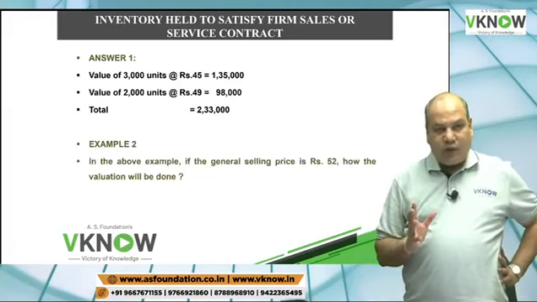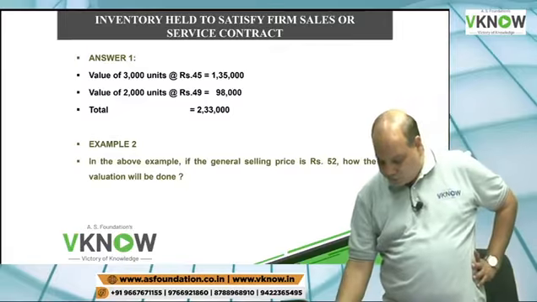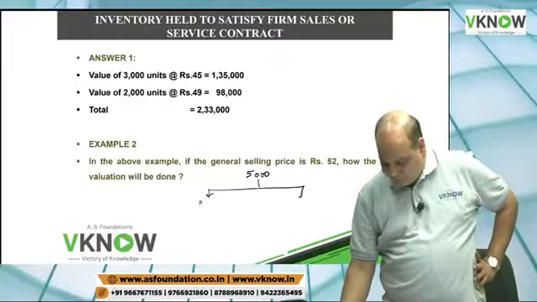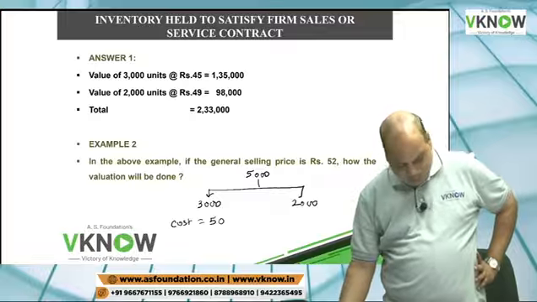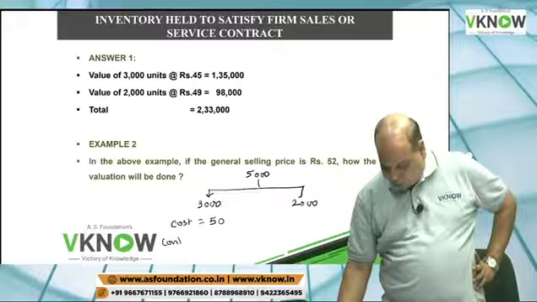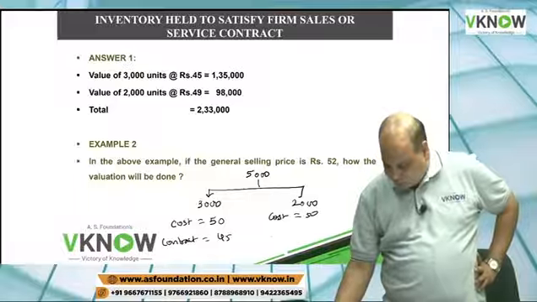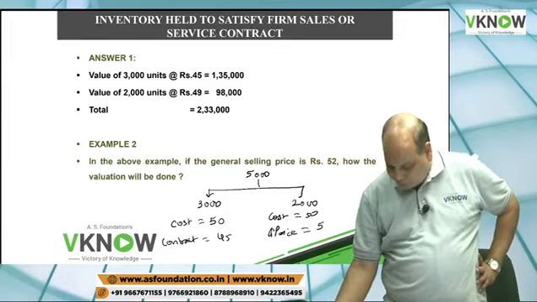Okay, I will change the example now. In the above example, if the general price is 52, how will valuation be done? I have 5,000 units: 3,000 units and 2,000 units. Here my cost was 50 and the contracted price is 45. For the remaining, my cost is 50, but the general market price is now 52.